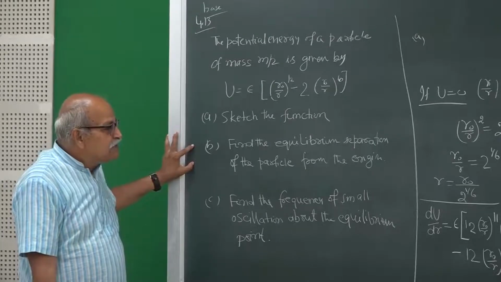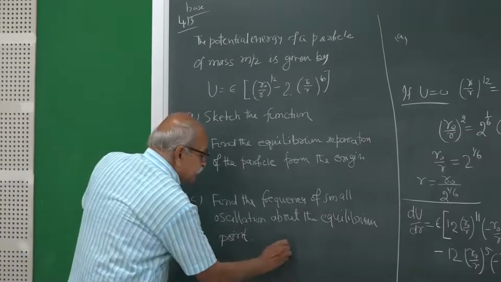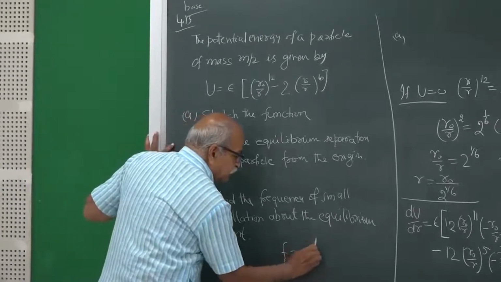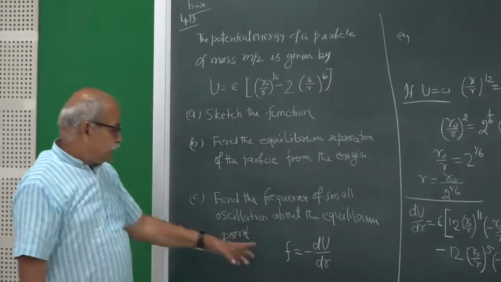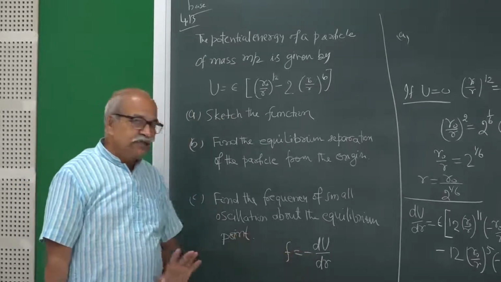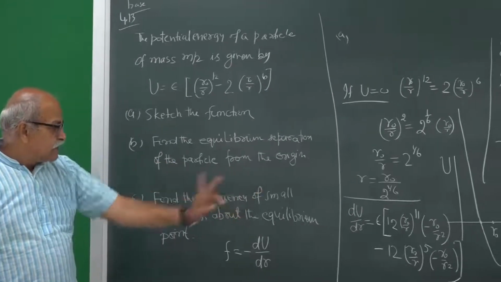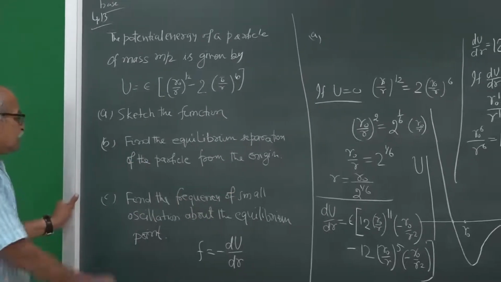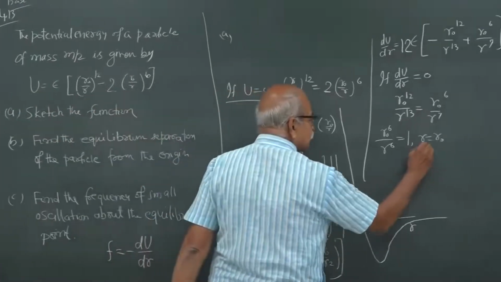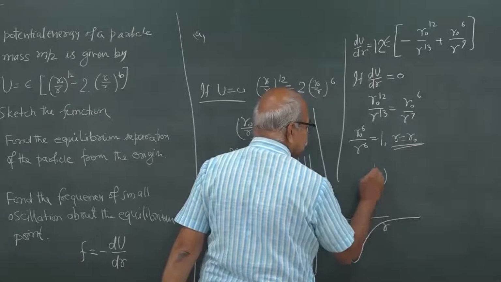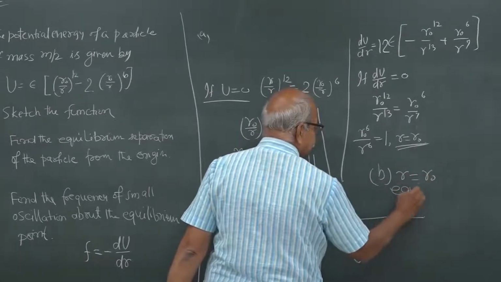That happens when this potential energy is minimum, because force is given by negative of du dr. So, if force is 0, du dr is 0, and therefore, the equilibrium position will be at r equal to r naught. This will be the answer, r equal to r naught, this is that equilibrium position.